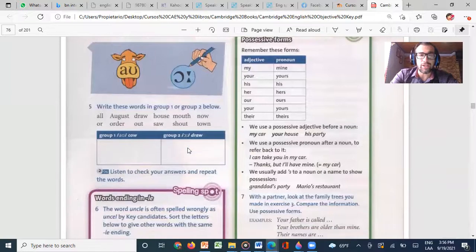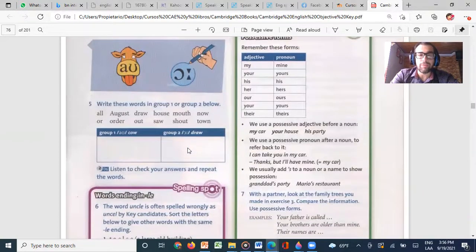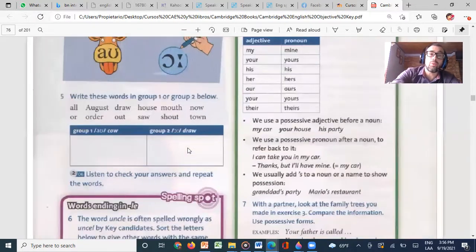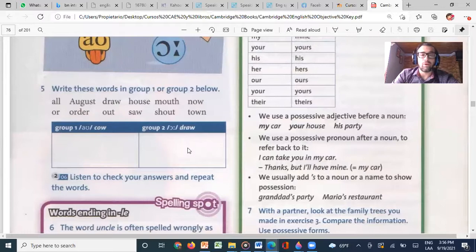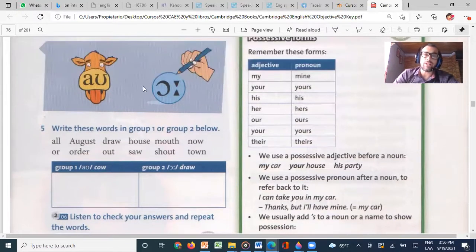Regarding pronunciation, we're going to see the open O, for example, right? That's the open O, and we can find that in certain words, for example, all, or August, right? Draw. In this case, this one is open O, and this one is the diphthong ow, like cow, right?